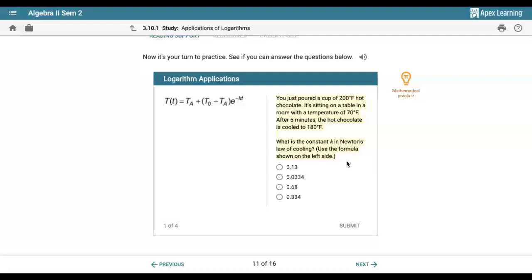Then ask yourself, am I missing any critical information in order to solve the problem? Like for this problem, we were missing originally our K constant, right? So we had to do that first before we could then find the question we were trying to solve. And then regardless, the next step here is plug in what you have, solve for what you're missing, using correct operations and making sure your calculator skills are on point.